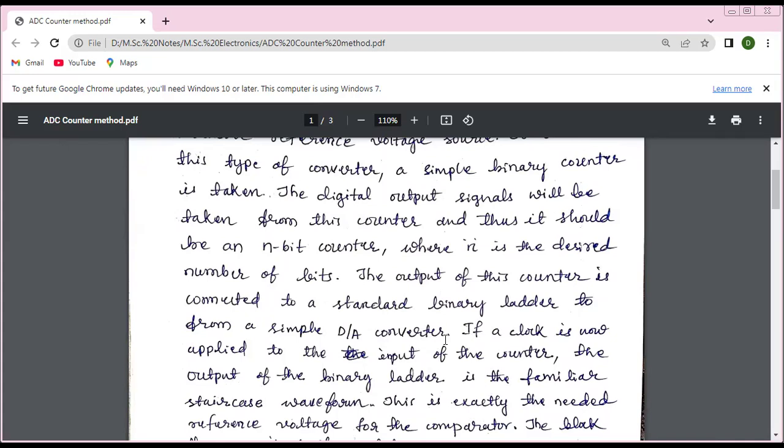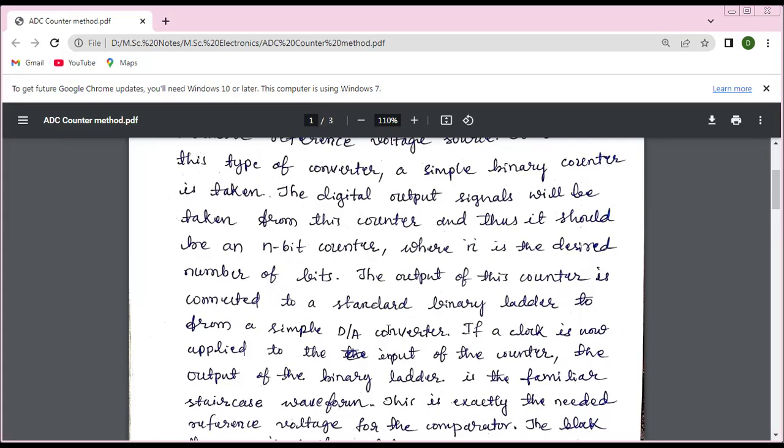So here one concept comes: why this digital to analog converter comes here. One very important point is that all the analog to digital converters have a digital to analog converter as a part of it, because digital to analog conversion is the basic need of this process.